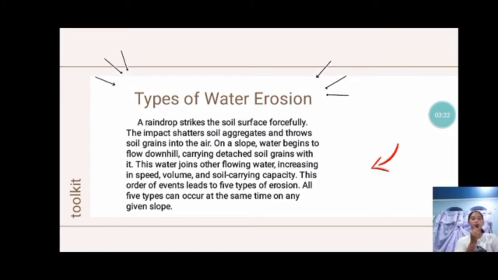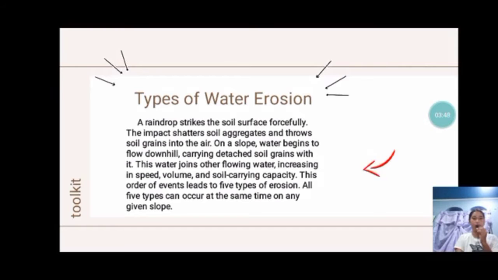Next topic will be types of soil erosion. A raindrop strikes the soil surface forcefully. The impact shatters soil aggregates and throws soil grains into the air. On a slope, water begins to flow downhill, carrying detached soil grains with it.